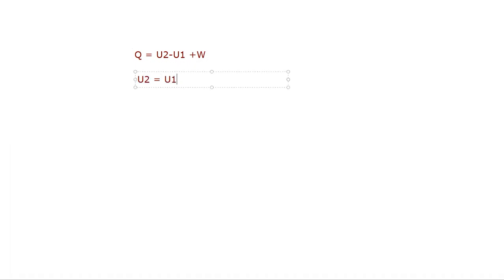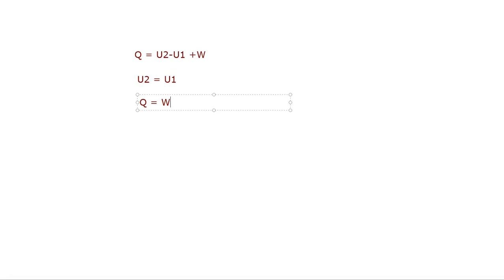Initial temperature is the same as the final temperature. So, Q is equal to W. So, the amount of heat supplied will be used for doing external work. Okay.